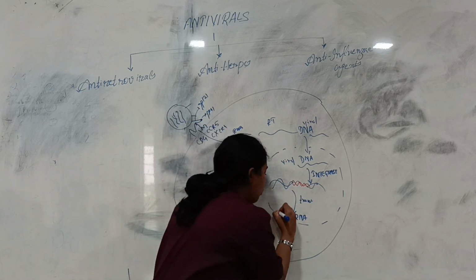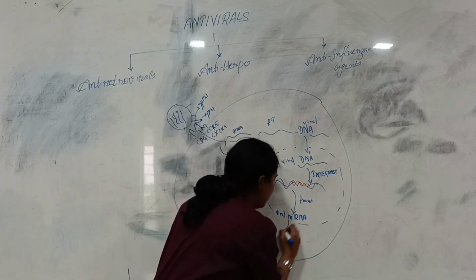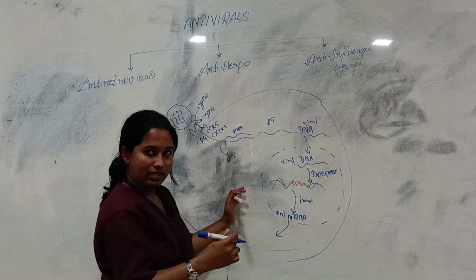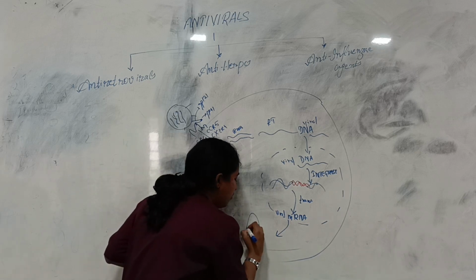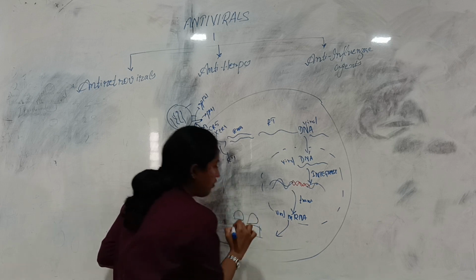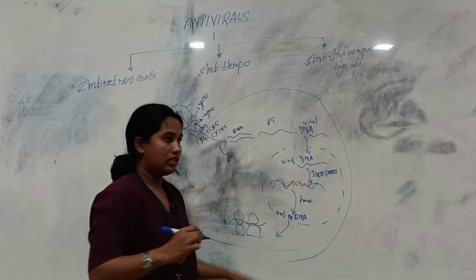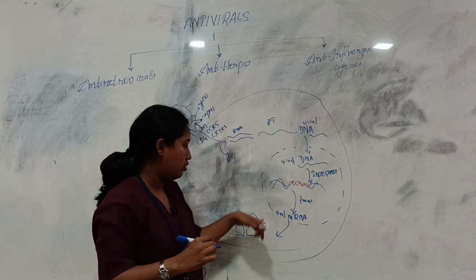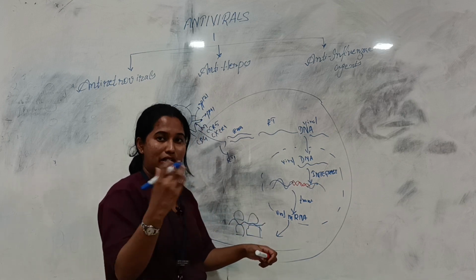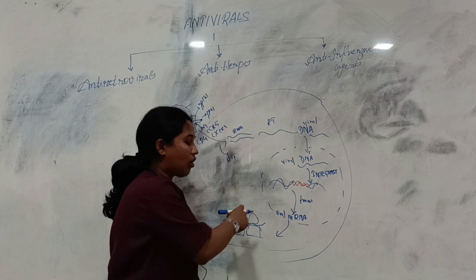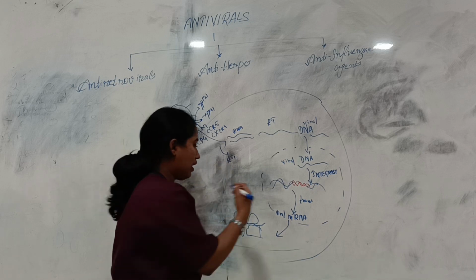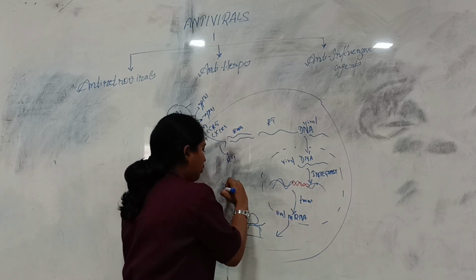This gets released into the cytoplasm, where we have ribosomes. The viral mRNA undergoes the maturation process within the ribosomes. This process is called translation, and the mRNA gets converted into proteins.